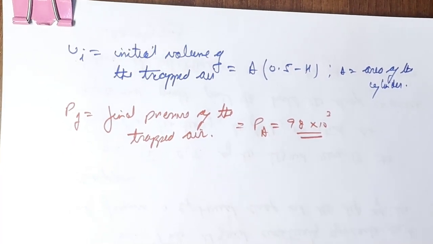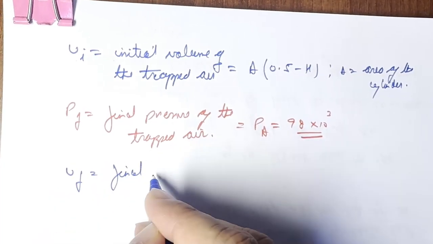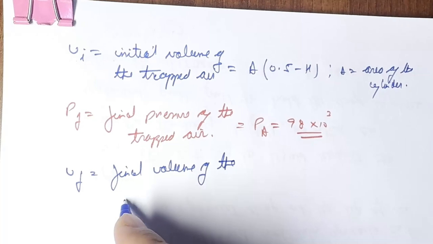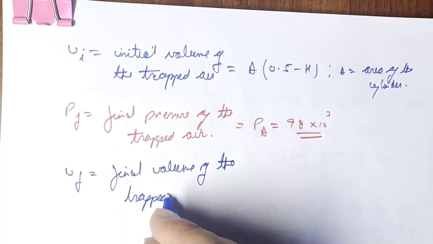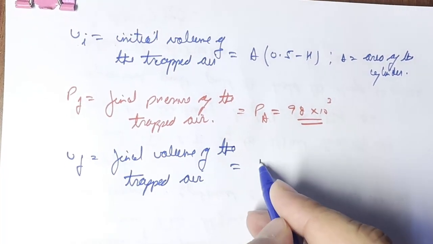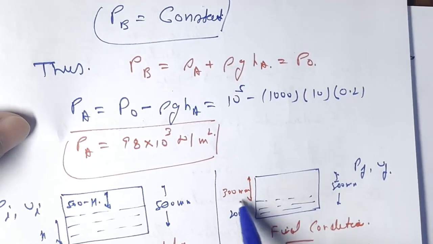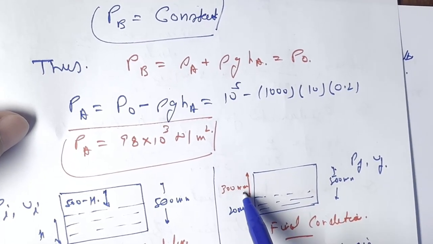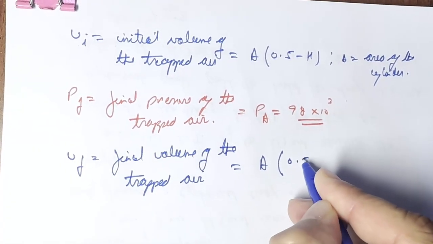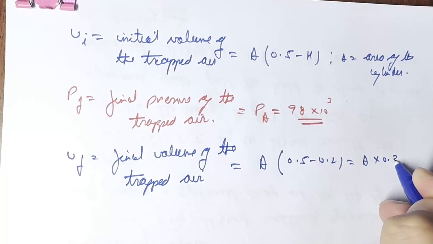Vf is the final volume of the trapped air, and that will be equal to A multiplied by 500 minus 200, that is 300 mm. So this will be A multiplied by 0.5 minus 0.2, that comes as A into 0.3.